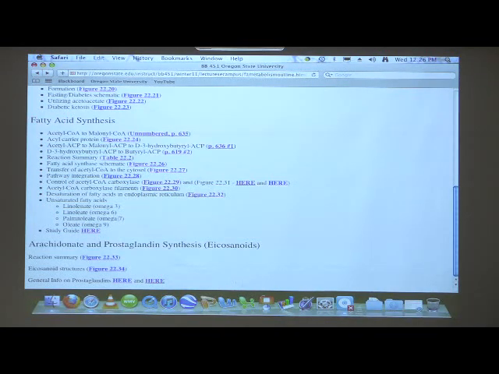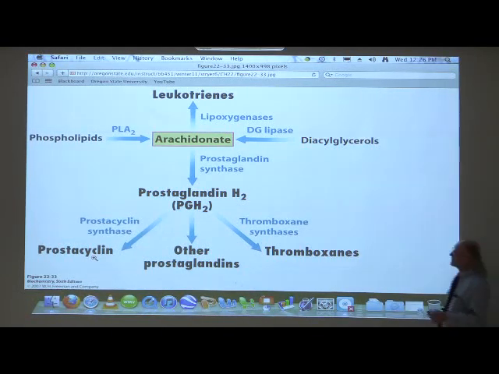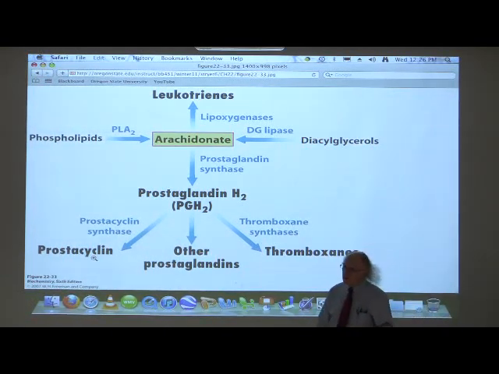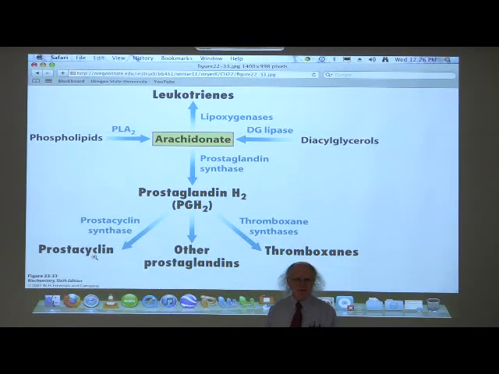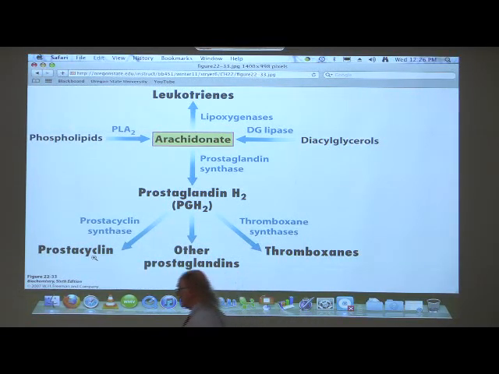Now, prostaglandins are molecules that have 20 carbons, and they are produced in the body from the 20-carbon polyunsaturated fatty acid known as arachidonate or arachidonic acid.